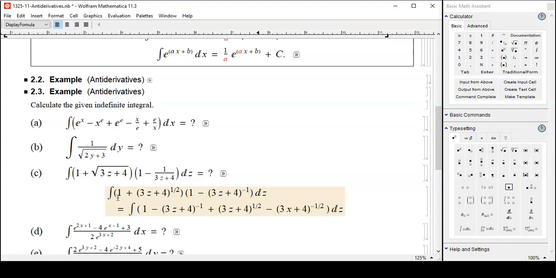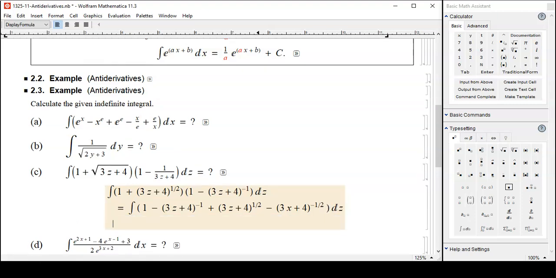Did I do this right? First, 1 times 1, no problem there. Outside, 1 times this. Okay. Inside, this times 1. Alright. And last, 1/2 power, negative 1 power. So negative 1/2 power total. Okay, alright.